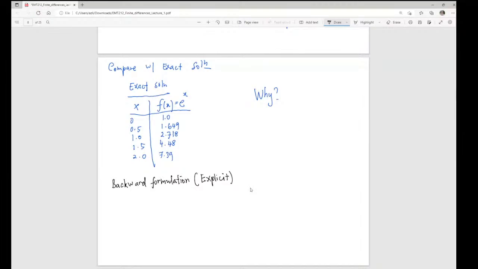Now, for your exercise, use the explicit approximations to solve the previous questions. Alright?